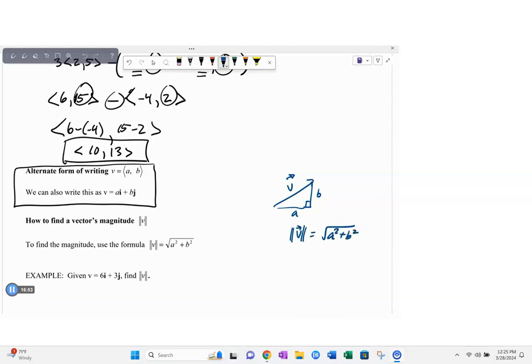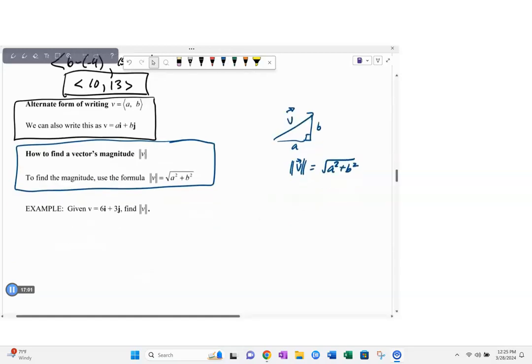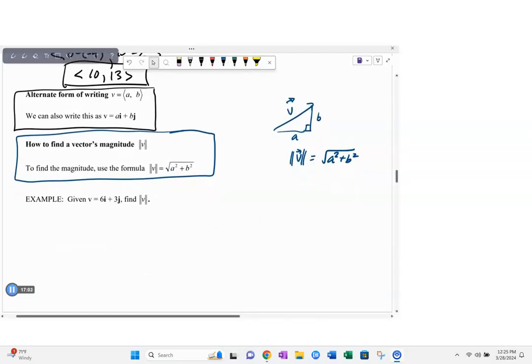So don't forget the magnitude of a vector. Let's say we have 6i plus 3j. There's vector v. So what's its magnitude?